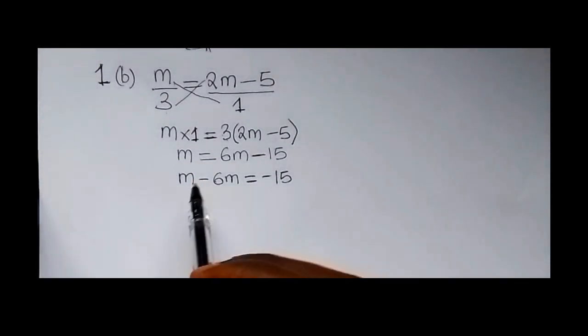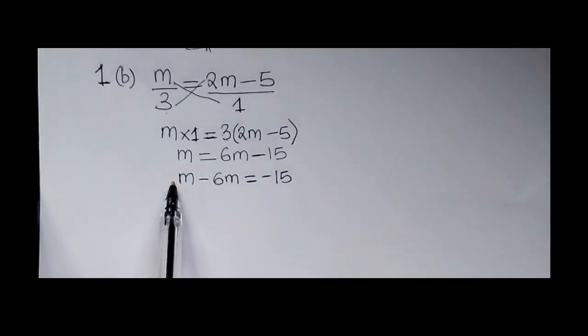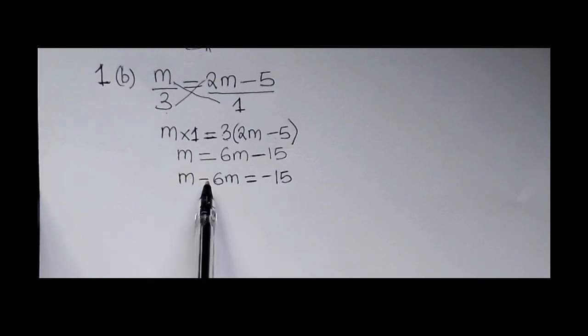Okay, so now subtracting m minus 6m, this is also integers. m is positive, or we can say positive 1m, and this is negative 6m. So the smaller term is subtracting the bigger term. This is related to integers, and the rule on integers is keep the sign of the larger number and subtract.